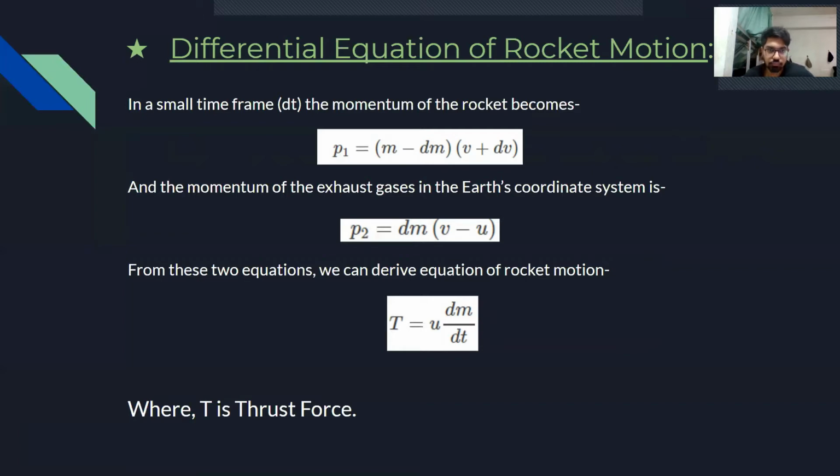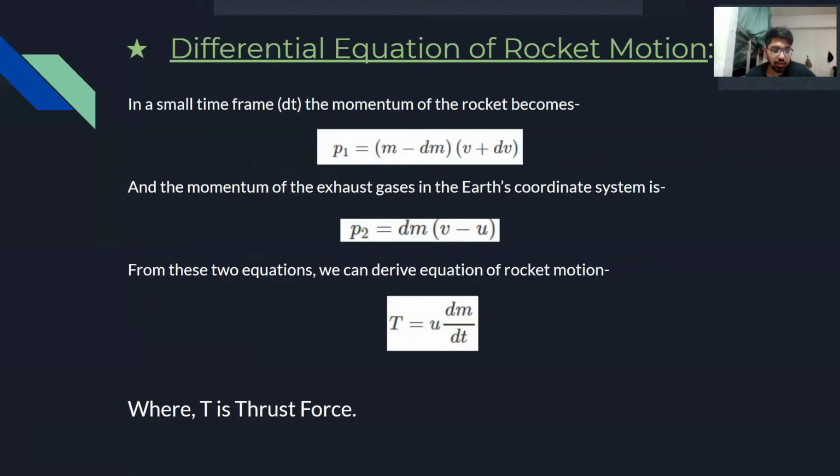velocity. Again, the momentum of the exhaust gas which is being released by the rocket in the Earth's coordinate system is p2 is equal to dm into (v minus u), where u is the exhaust velocity with respect to the rocket.